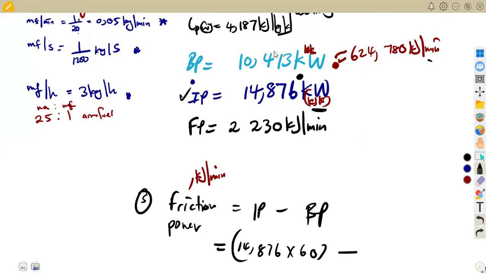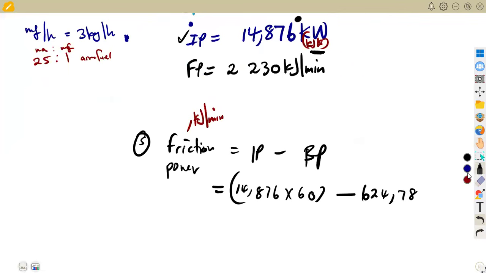The brake power is given in kilowatt, kilojoule per second. We are not going to use this one. So we are going to simply use this one already that we converted to kilojoule per minute. And what is it? 624.78. So we have converted this to kilojoule per minute by multiplying by 60.